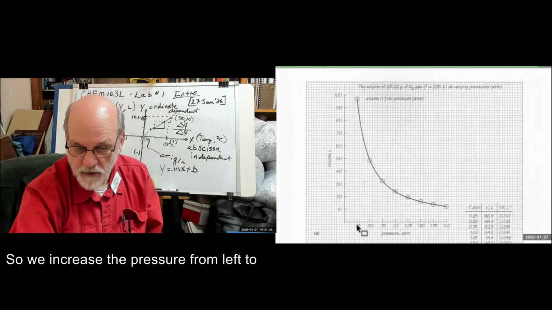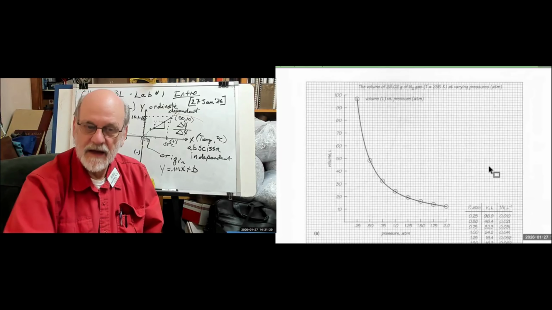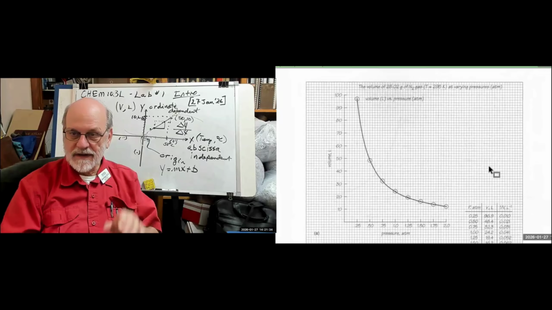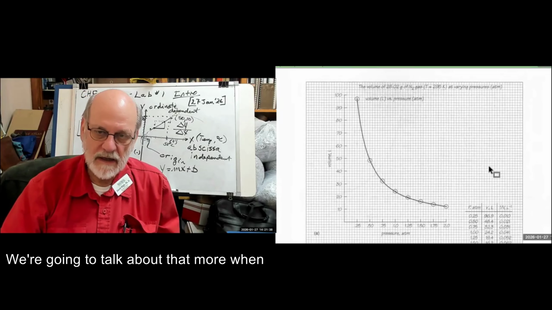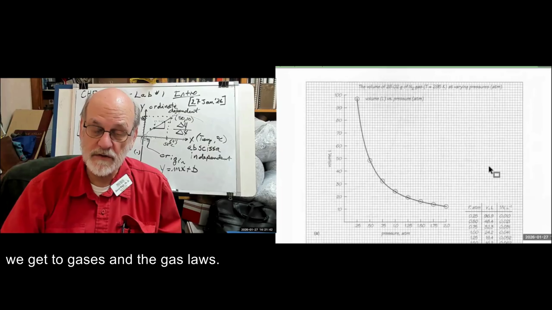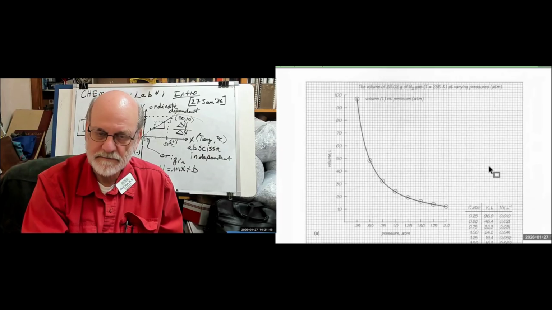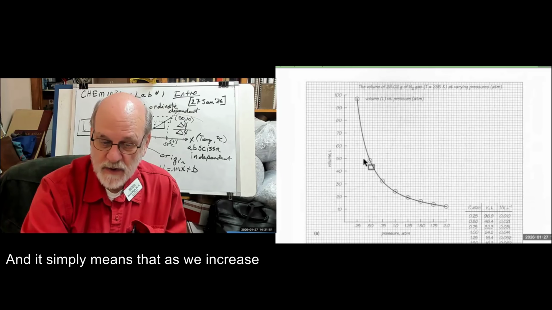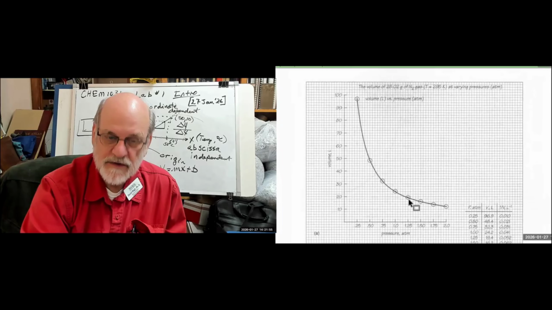It gets less, right? So we increase the pressure from left to right, and the volume is decreasing. But it doesn't decrease in a linear fashion. It decreases in a curve, right? We're going to talk about that more when we get to gases and the gas laws. This represents a gas law called Boyle's law. And it simply means that as we increase the pressure, the volume gets less, and it's on a curve.